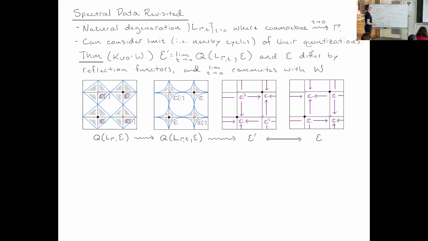All right, so now you can ask, what happens when I take this picture and try to contract everything onto the graph? There's a well-defined notion of the limit of a family of sheaves. First of all, I can carry out this quantization in a family.